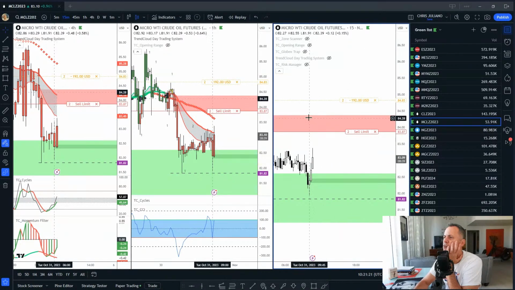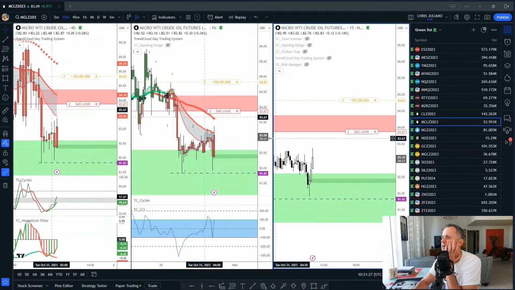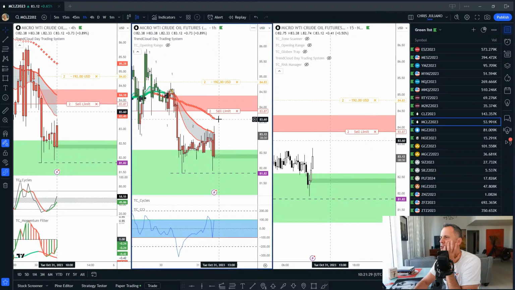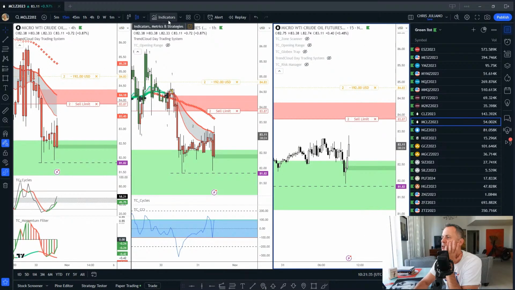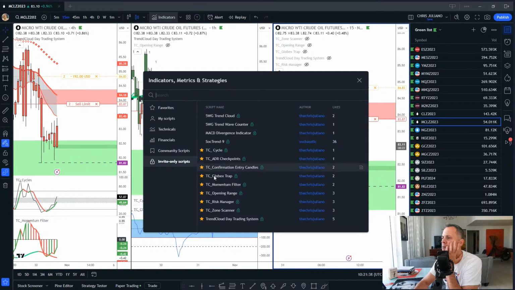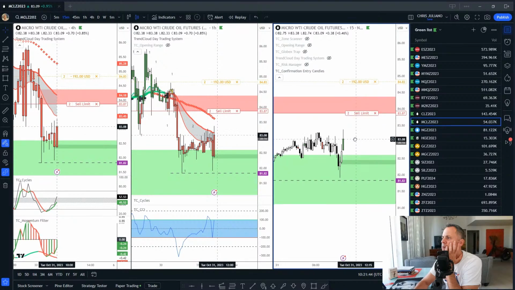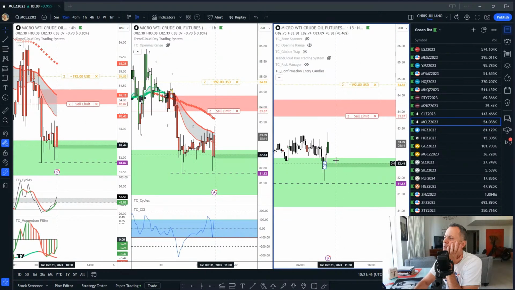Or we can do a confirmation entry, right? Wait for this to pull back, at least hit this 50%, and then take some kind of confirmation entry. Let's go to our confirmation entry candles here. Let's apply that. Yep.